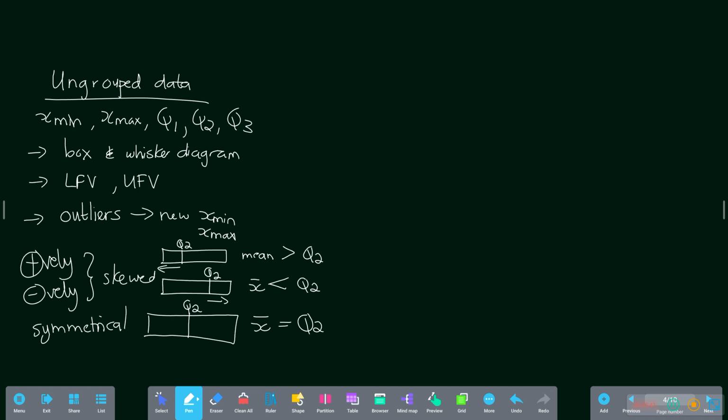Then we move on to grouped data. Now when it comes to grouped data, you need to know how to calculate the mean using the formula Fi times Xi all over N. Remember, in this instance, Xi is represented by the midpoint of the class interval.